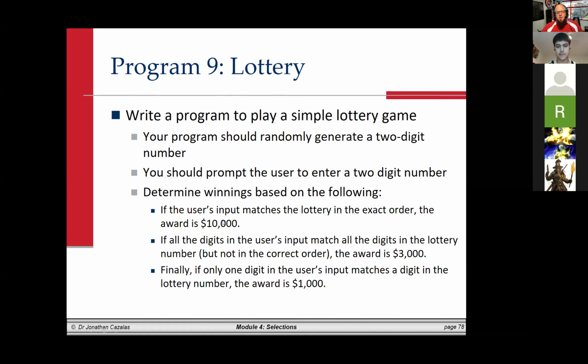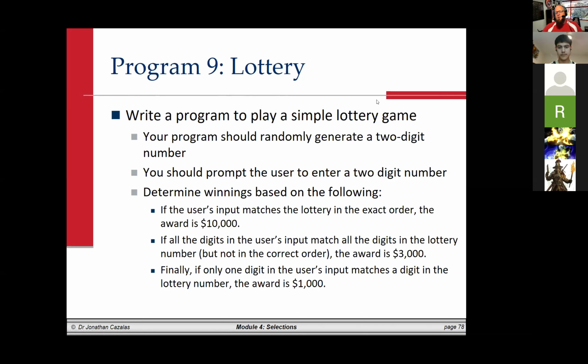So imagine if the user input matches the lottery in the exact order, they get $10,000. If the user enters the digits, but it doesn't match, but it's in reversed order, okay? So if all the digits in the lottery and the user's input match, but they're not in the correct order, they win $3,000.